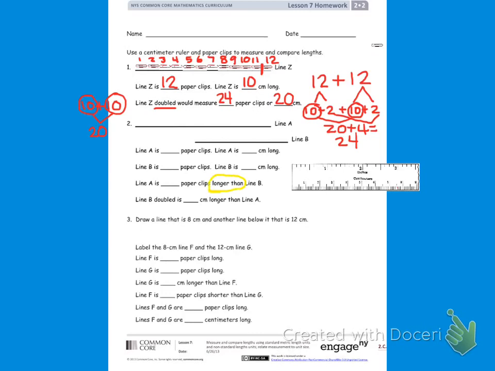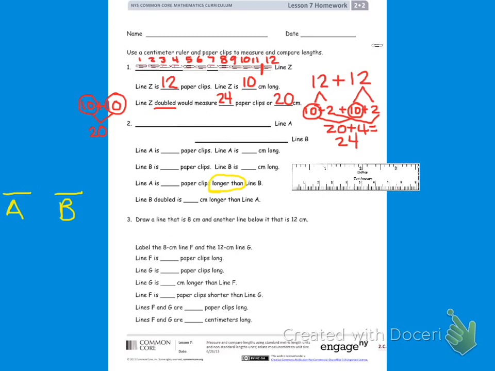When you see the words longer than, it is asking for a comparison. They want to know the difference, and a difference is a subtraction problem. So what you will do is you will start with the large number. So since line A is the larger, longer number, we'll go ahead and put line A's number there and line B's number here.